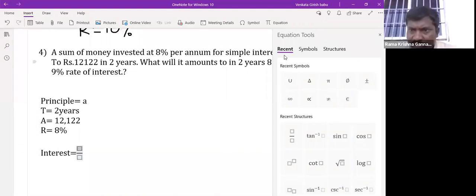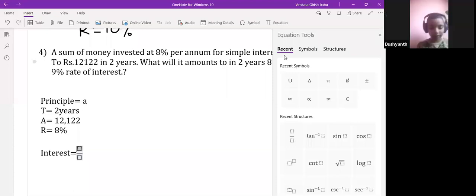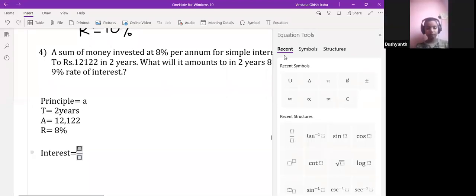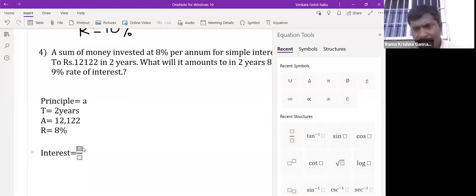Okay, Dushyant, tell me the interest formula. All of you listen.